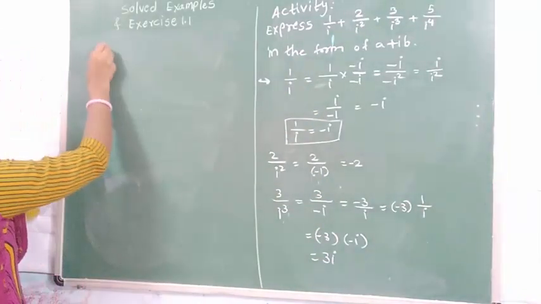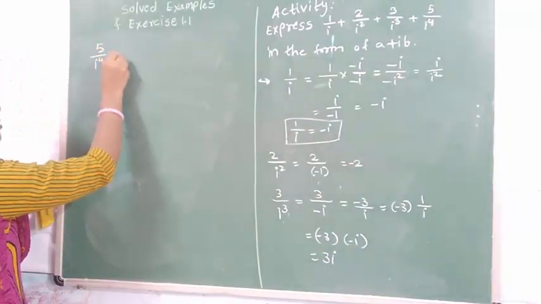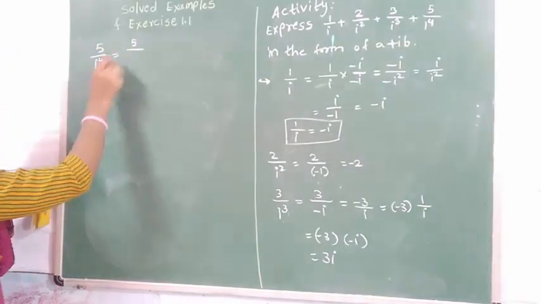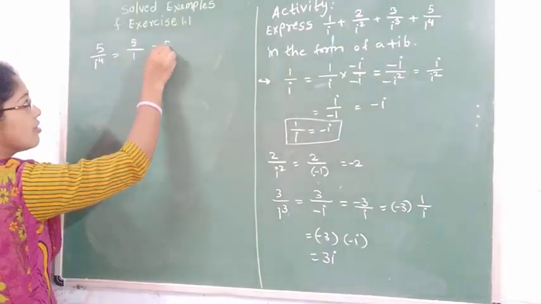Next I have 5 upon i raised to 4. 5 upon i raised to 4 is 1. So this is 5.